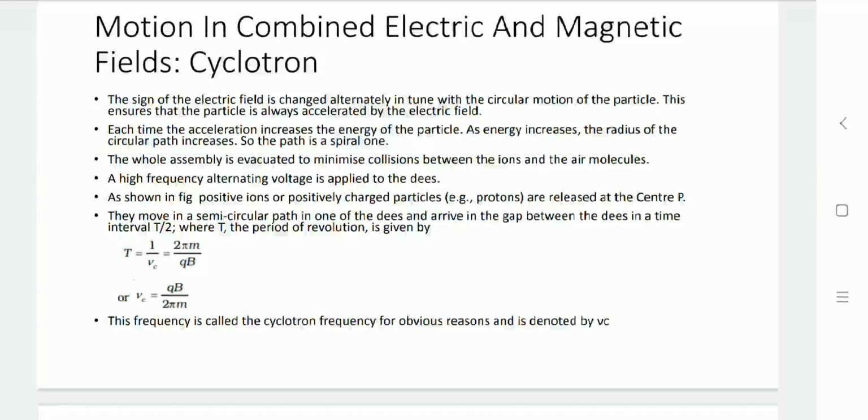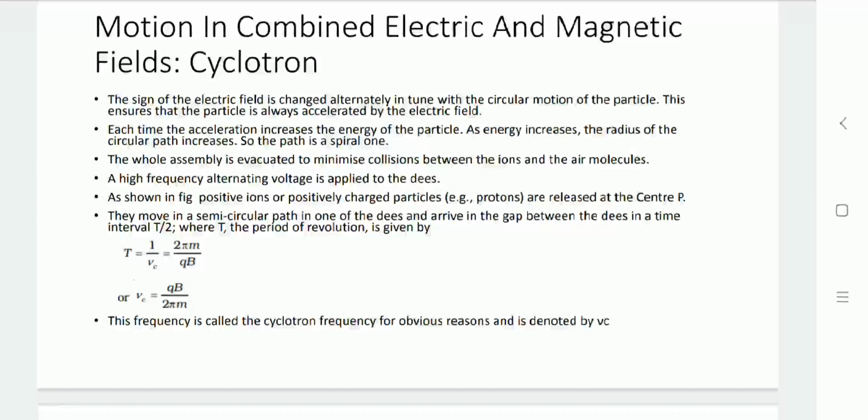Now this particle is affected by the electric field and magnetic field and takes a semicircle path from one D to another. Then it moves from the second D back to the first. To complete a semicircle path it takes T/2 time, because a complete path takes the total time T. So half the path is covered in a T/2 time interval.